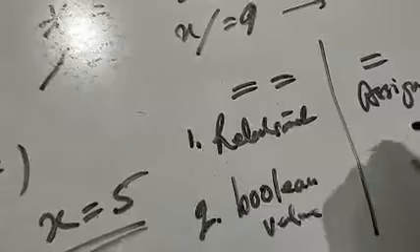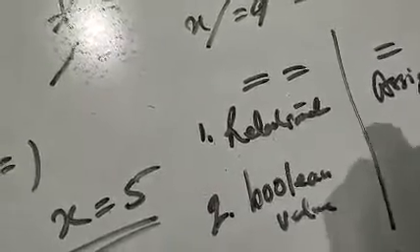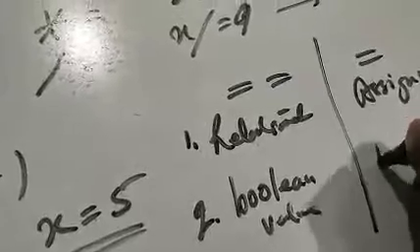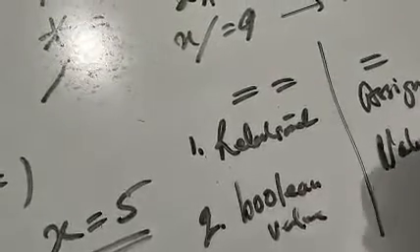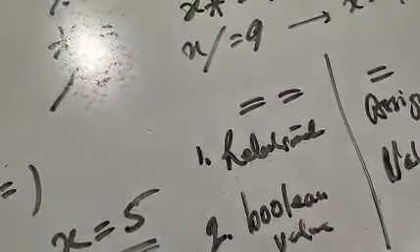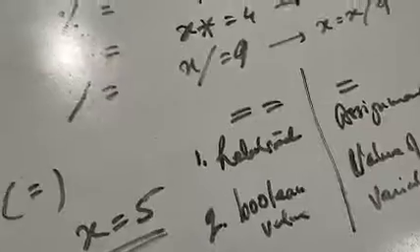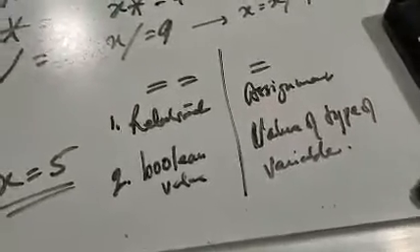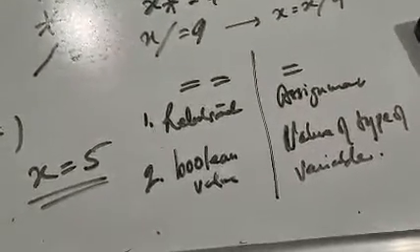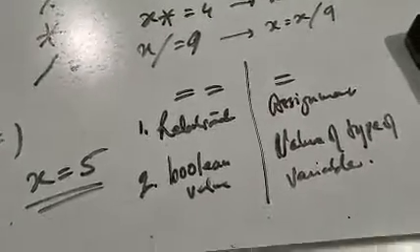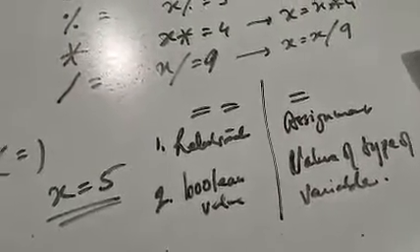And the equal to sign returns a value of the type of the variable. Suppose it is integer, it will return and store a whole number. If it is floating, it will store floating. If it is boolean, it will store boolean. So it will return the value of the type of variable.